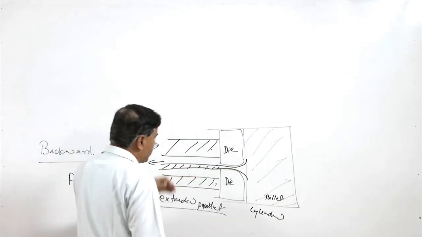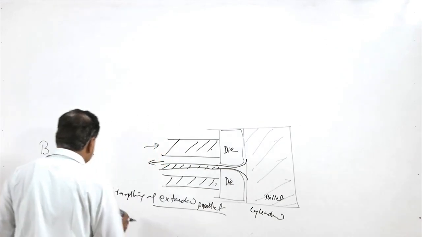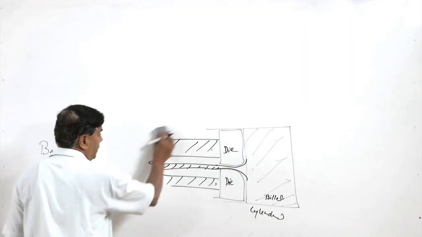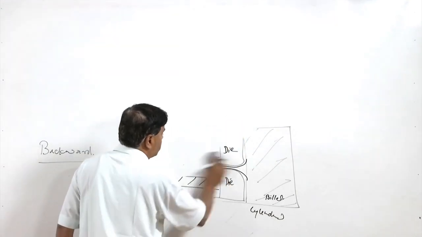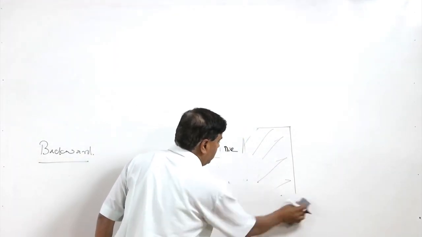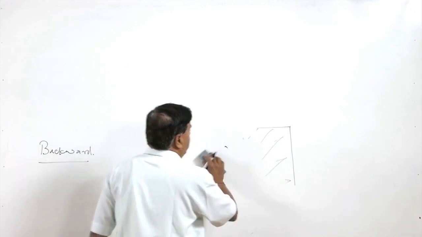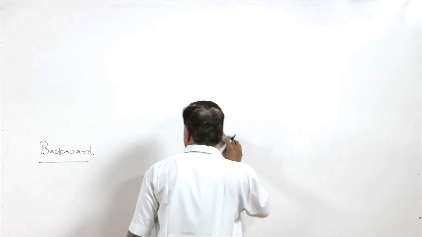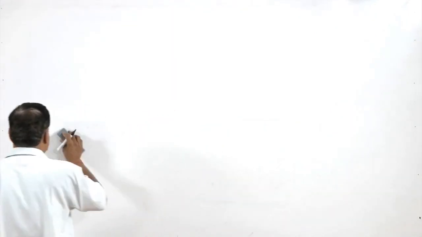So, this makes the handling of the extruded products difficult in case of the backward extrusion. So, these are the two hot backward and forward extrusion processes.